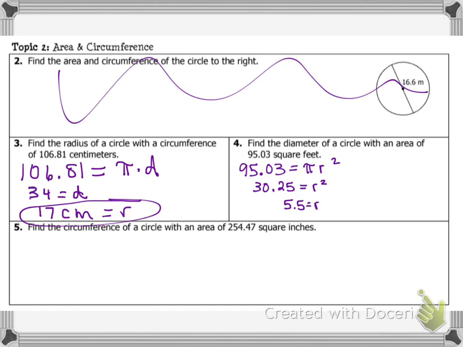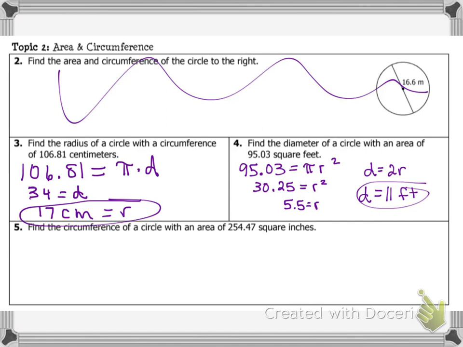Now I have to multiply that by 2 to get my diameter, because your diameter is 2 times your radius. So my diameter is 11. What's our units? Feet. It's not squared, it's a length. Yay, no one's a ding.